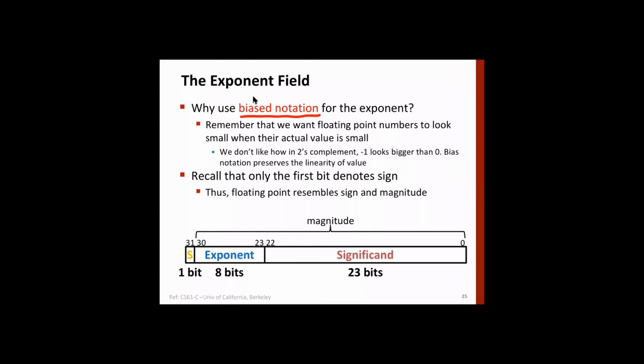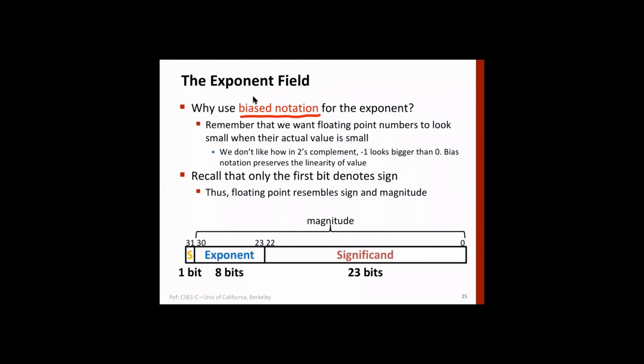How much biasing we want totally depends on the designer. The designers or architects of the floating point number decided that it should look like a sign-magnitude kind of number. Looking at the first bit you should know whether it's positive or negative, and looking at the exponent, we should know whether the number is bigger or smaller.